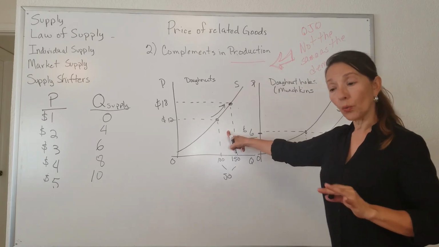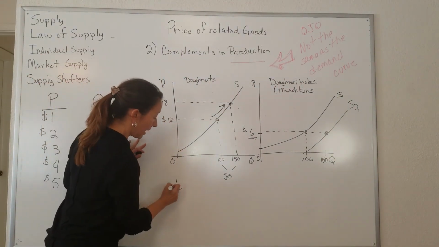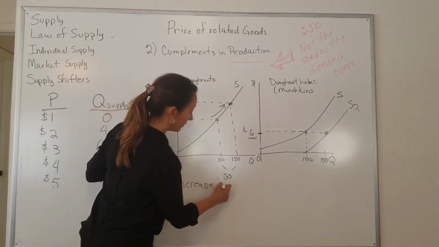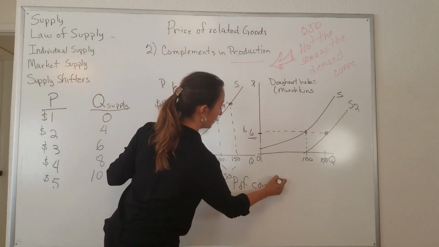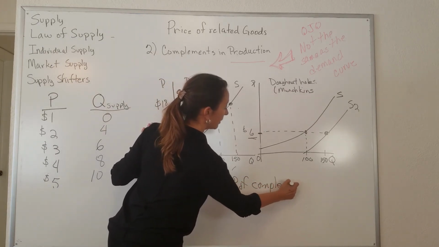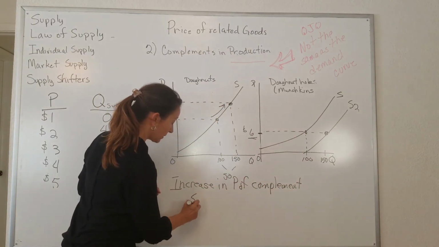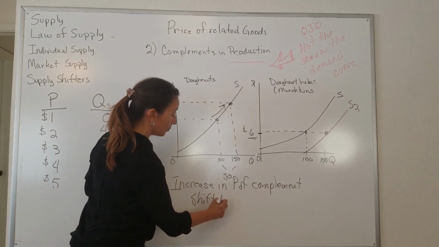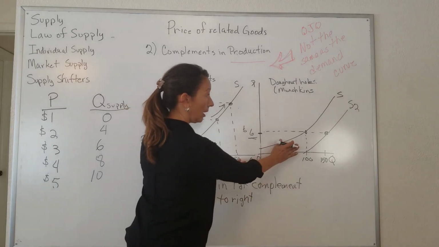Okay? So we say that an increase in the price of a complement will cause a shift to the right of the other product.